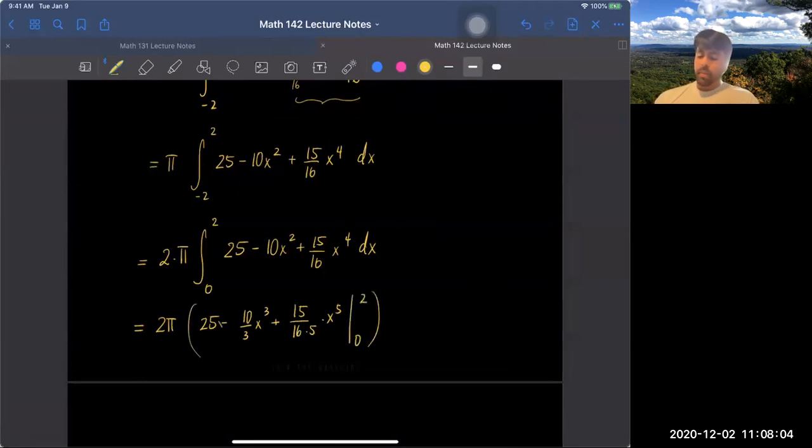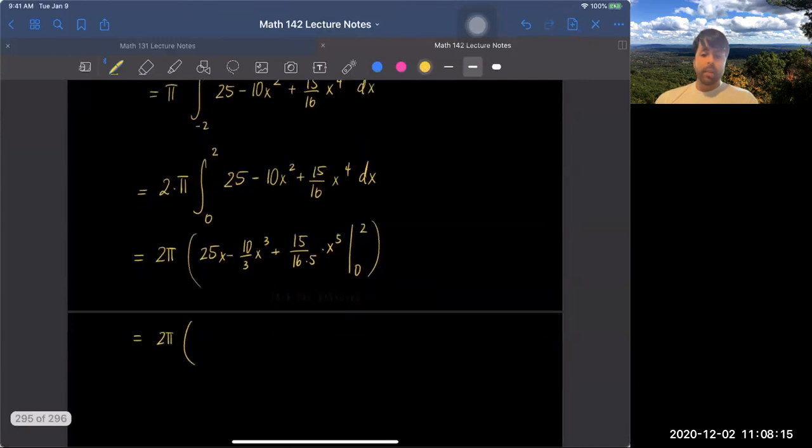This should be 25x, pardon me. Okay, then I can plug stuff in and I get 25 times 2 minus 10 over 3 times 2 cubed plus. Now the 5's here cancel. This is really a 3. So this is 3/16 times 2 to the fifth power. And I don't have to plug in anything for the 0 because zeros just cancel everything out. So I don't have to worry about that part.